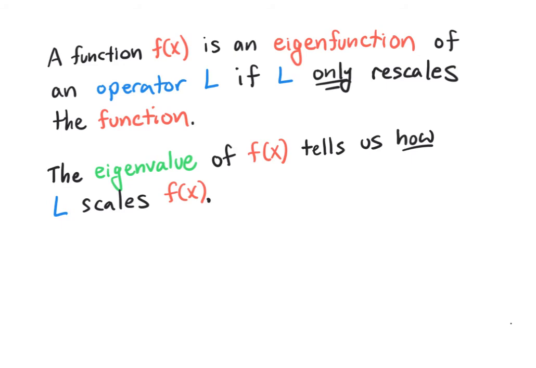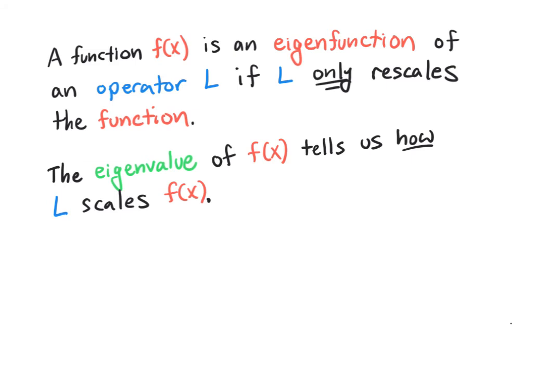If I know the operator, I can find the eigenfunctions and eigenvalues. But if I know all the results of the operation, I can reverse engineer what that operation has to be. And there's only going to be one unique operation that will work. So why do we care about all of this in this class? Well, if you think back to when we were talking about vector spaces, we established that functions can be thought of as vectors, and the space of all functions can be thought of as a vector space.